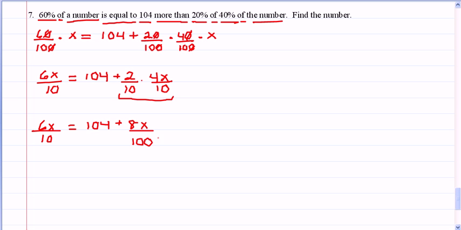We have several things simplified and canceled, but we still have this equation with fractions where we have to solve for x. So to make this easier, I'm going to take 104 and put it over 1 and say that my least common denominator is equal to 100.